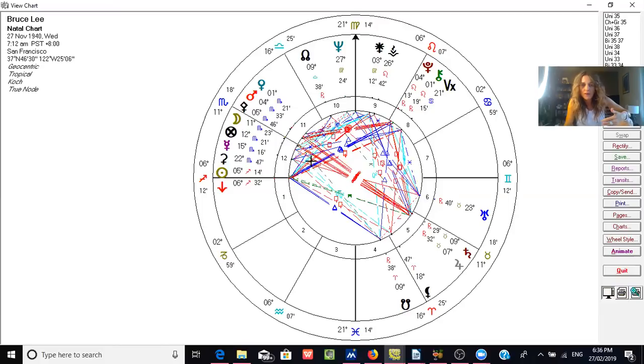There are other things in his chart, though, that do describe how his life was ended quite early as well. But just sticking to the success of his ventures, well, it's Mars in Scorpio.